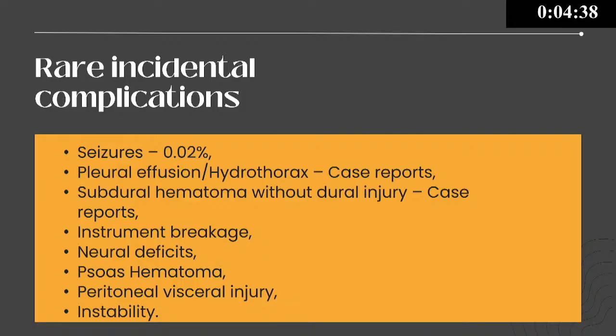Peritoneal visceral injury. Now I'm going to tell you about one of the patients who came to the urologist in our hospital. She was operated elsewhere. She underwent a monoportal interlaminar approach elsewhere, and the patient presented with a complete injury of the ureter on the right side.